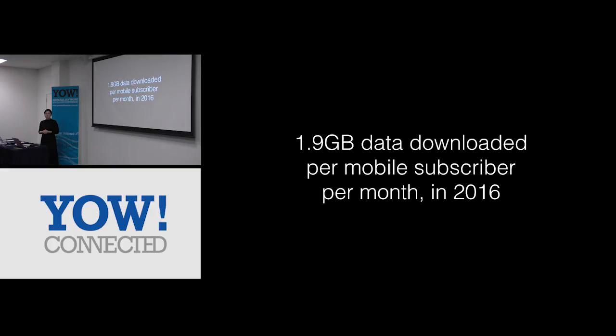You can look around you, you can't see a human not attached to a smart device. In Australia alone, there are around 25 million unique mobile subscribers downloading a whopping, how much is that? 150,000 terabytes per month, and that is only going to go up. So it's around 1.9 gigabytes of data downloaded per mobile subscriber per month last year.